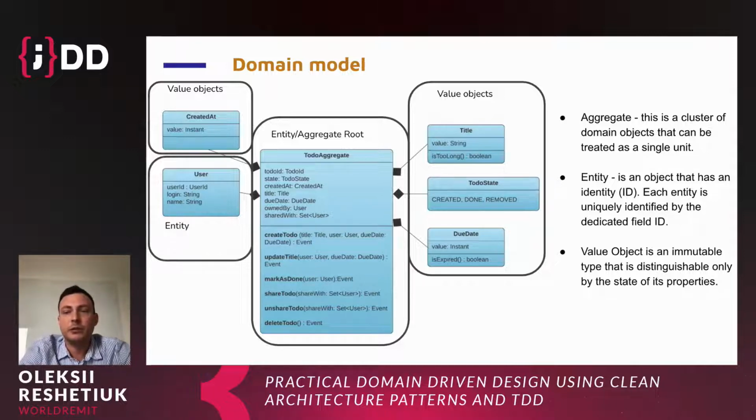Each entity is uniquely identified by the ID field rather than by the state of its attributes. And a value object is an immutable type that is distinguishable only by the state of all its properties. Unlike an entity, which has a dedicated ID field, for example a UUID that identifies this object.